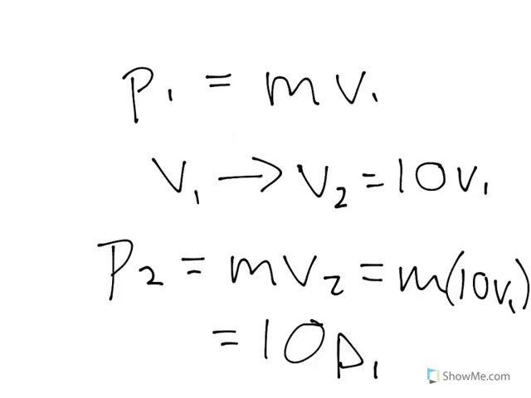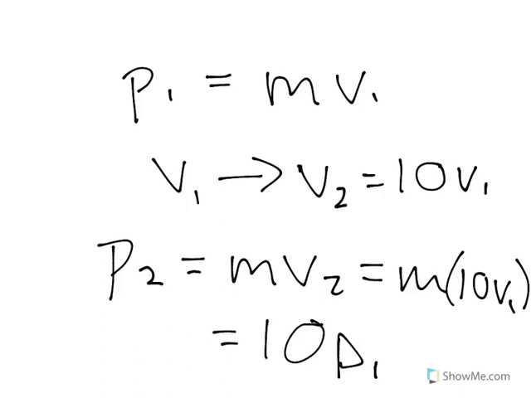So I'm showing here mathematically what I mean. Here we start with P1, so momentum 1 is equal to mass times velocity 1. Now if we were to replace velocity 1 with velocity 2, which is 10 times velocity 1, then we have a new momentum, momentum 2, which is equal to m times velocity 2, which is equal to m times 10 times velocity 1.